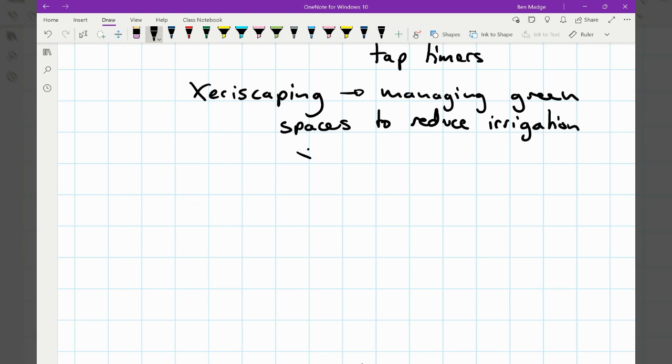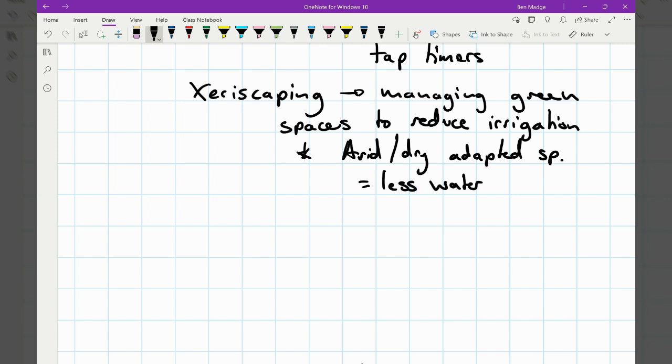Typically, this would mean using arid or dry adapted species that need less water to survive. So you need less watering, so you need less irrigation.